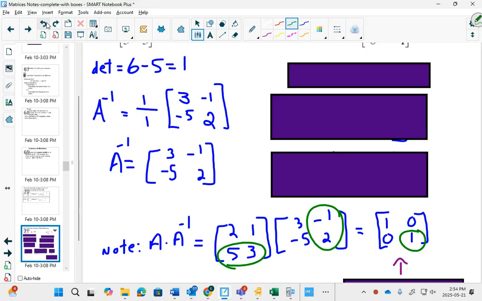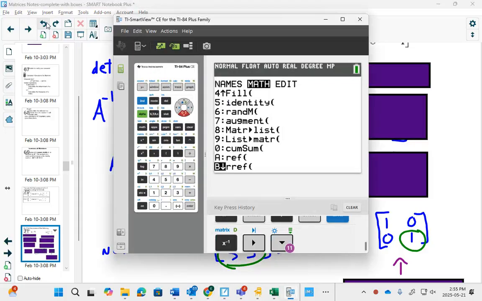So whenever you get the inverse and you multiply them together, you will get the identity matrix.